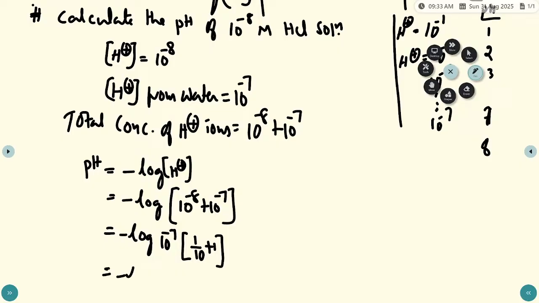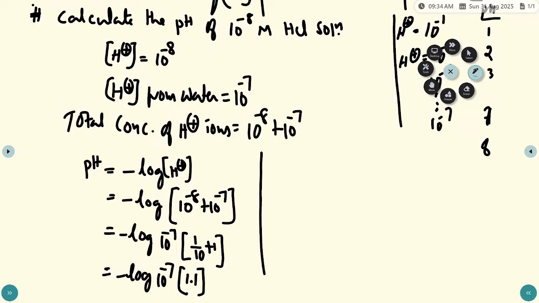So it is equal to minus log of 10 to the power of minus 7 into, so 1 by 10 means 0.1. So 0.1 plus 1 is 1.1. Okay, now simplify. Minus log of 10 to the power of minus 7 into 1.1.